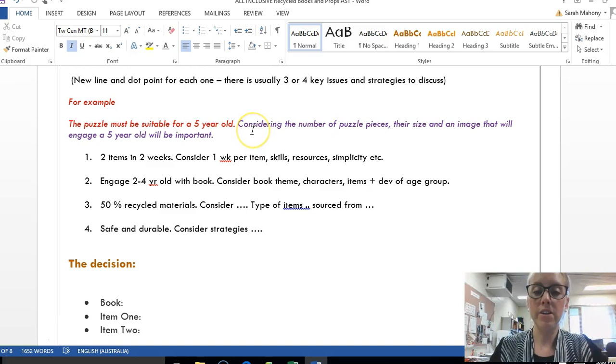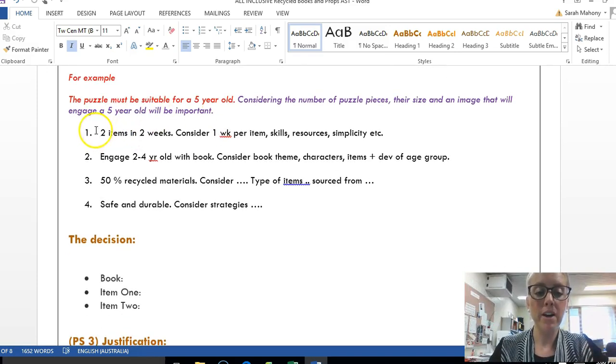Then what is going to be considered comes in the next sentence. So considering the number of puzzle pieces, their size, and an image that will engage a 5-year-old will be important. Okay, so when this person was choosing their puzzle, they're thinking about how many pieces to put in it, the size, what image is going to go on it to make it suitable for a 5-year-old.